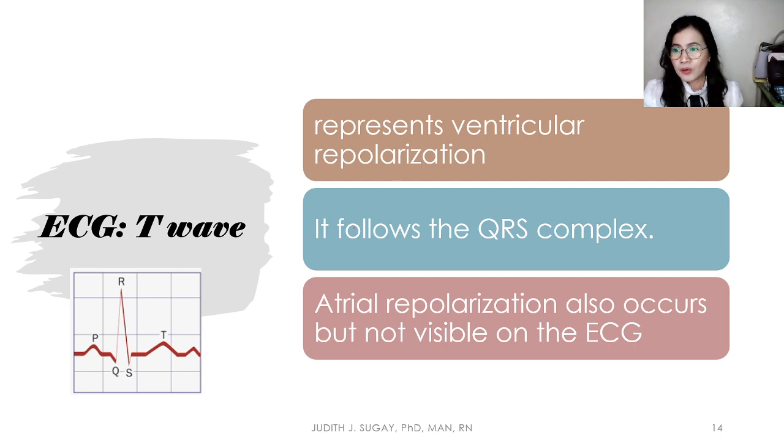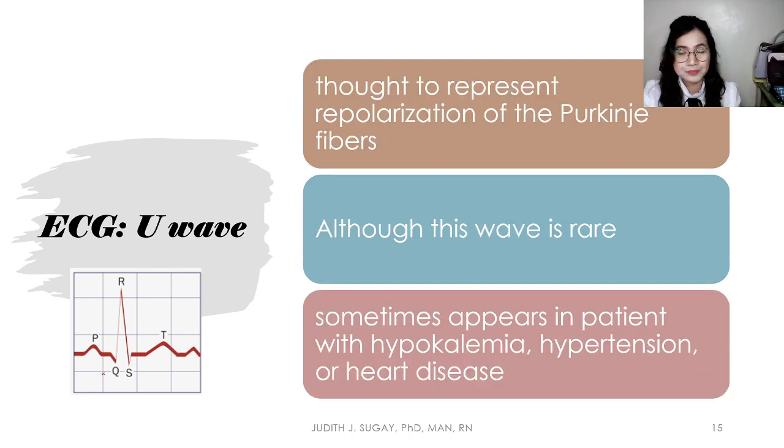Obviously, the T wave follows the QRS complex, right? And then, atrial repolarization happens but is not visible on the ECG because it happens at the same time as ventricular depolarization, as such of the QRS complex.